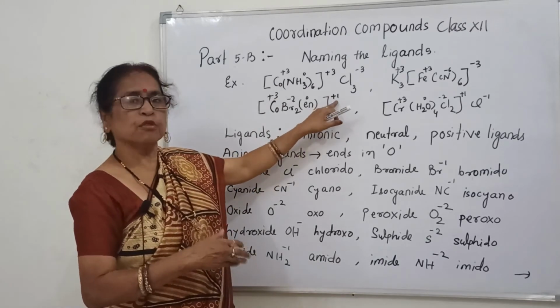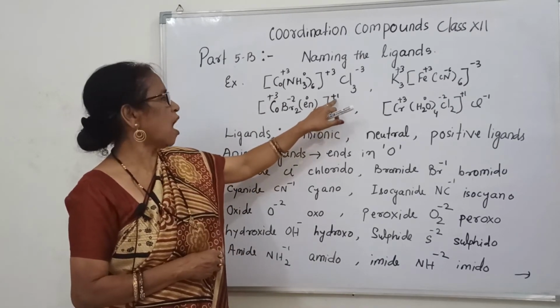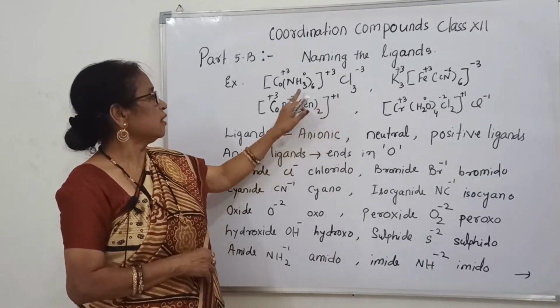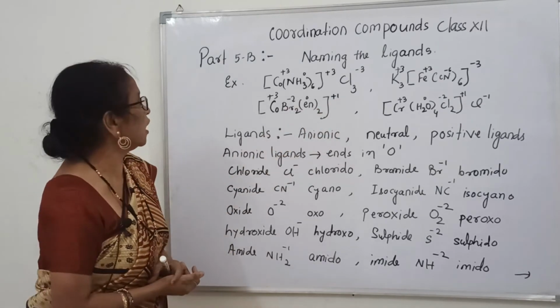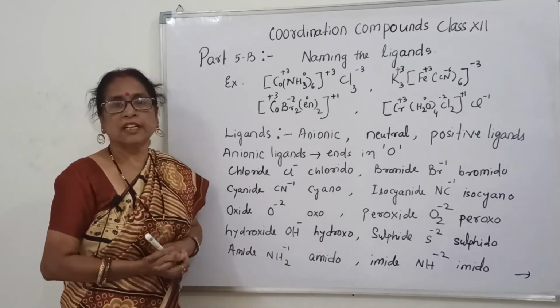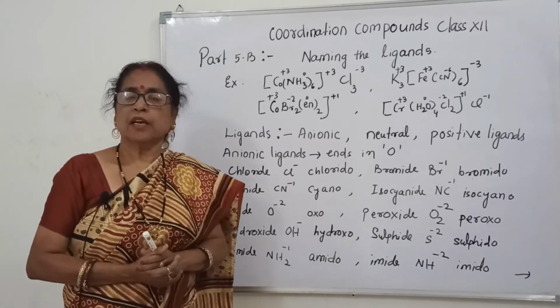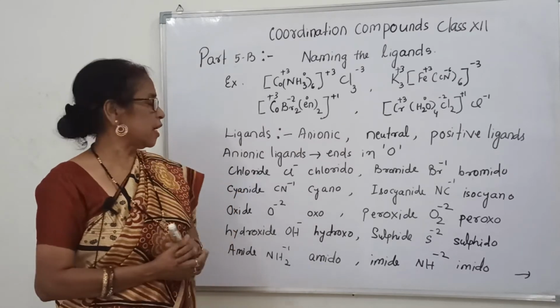The charge one should write on the complex ion, above on the right side as a superscript. And these are the main points about naming of ligands. Again we will proceed to other naming of ligands with anions.